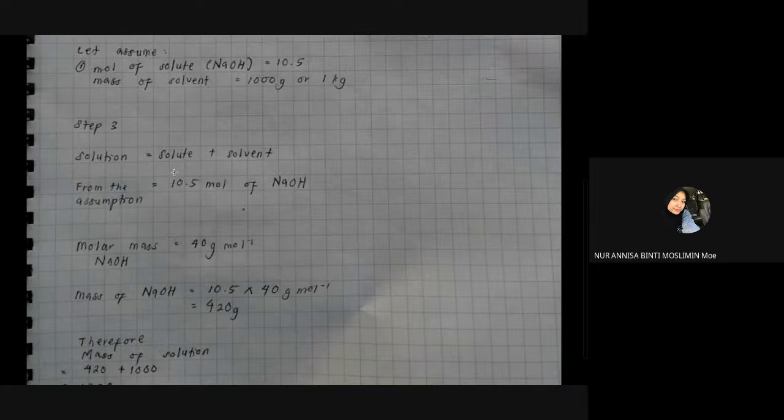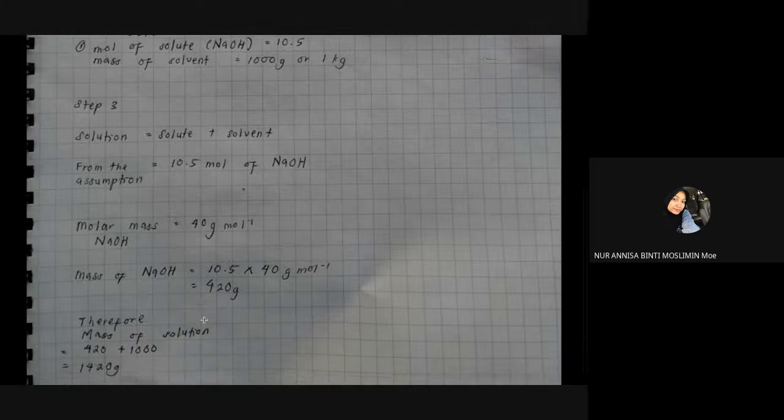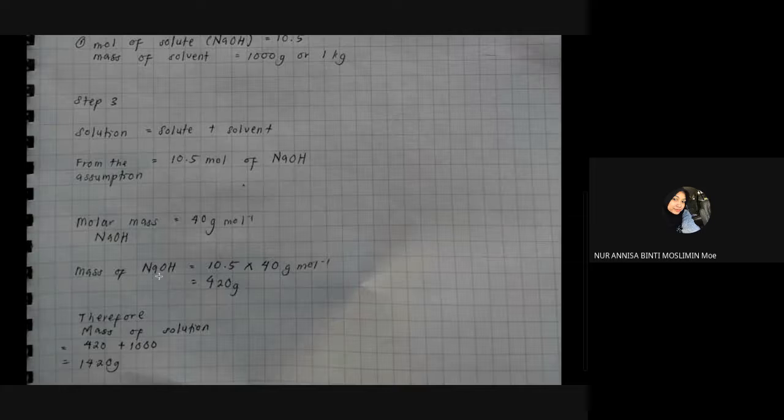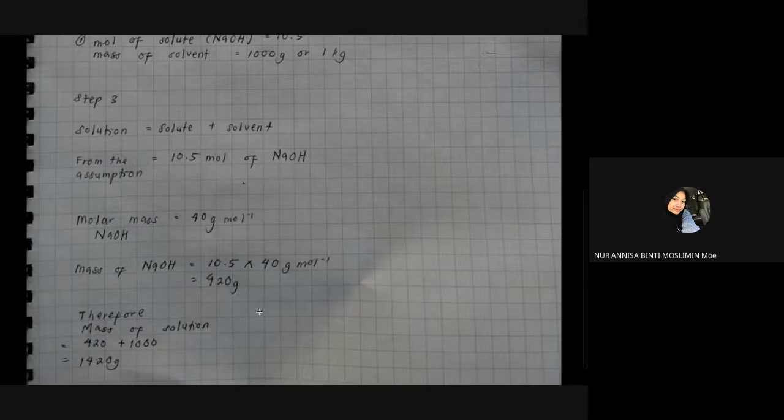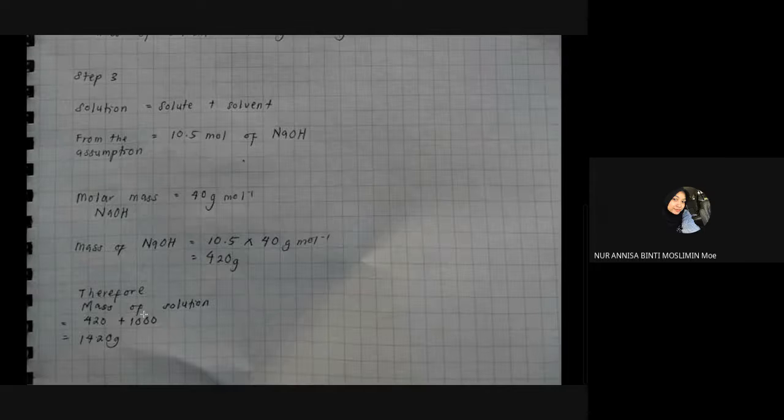In order to find the mass of solute NaOH, we multiply the molar mass with the moles of NaOH. So the total mass of NaOH is 420 grams. Therefore, for the mass of solution, 420 plus 1000, we will get 1420 grams.